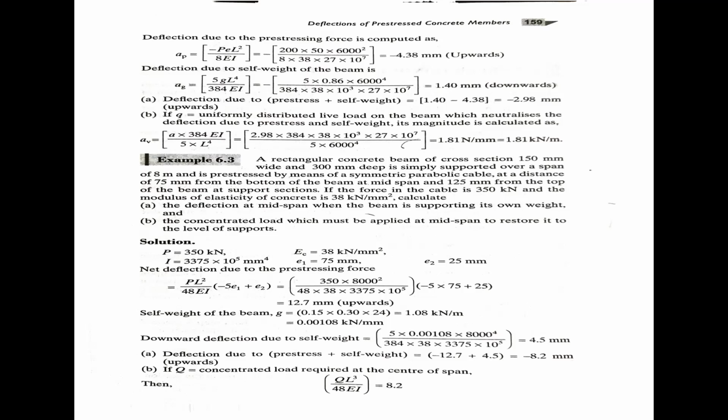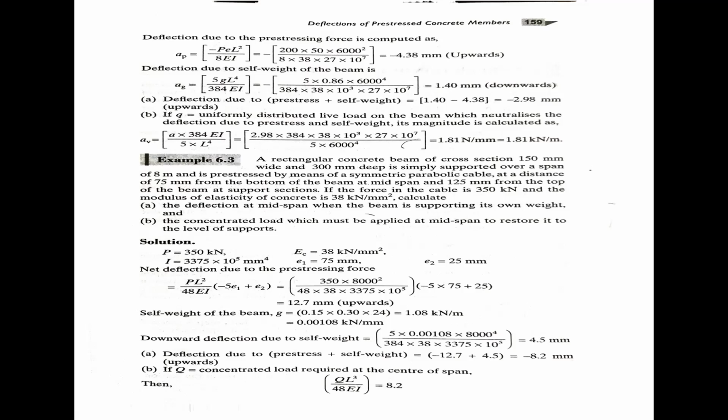If the force in the cable is 350 kilonewtons and the modulus of elasticity of concrete is 38 kilonewtons per mm square, calculate the deflection at midspan when the beam is supporting its own weight, and the concentrated load which must be applied at midspan to restore it to the level of supports.